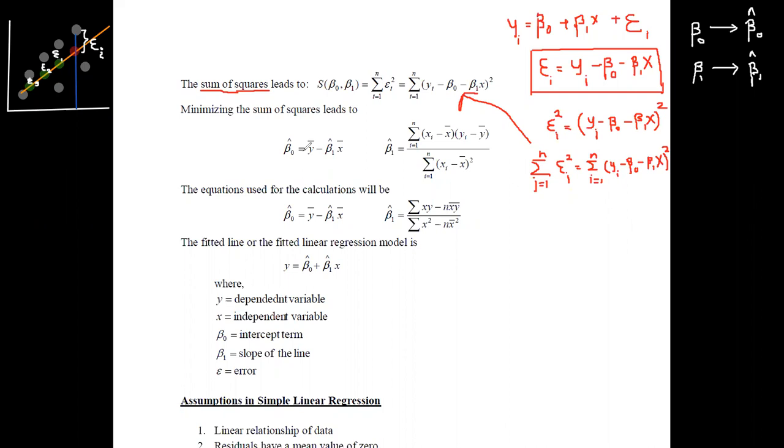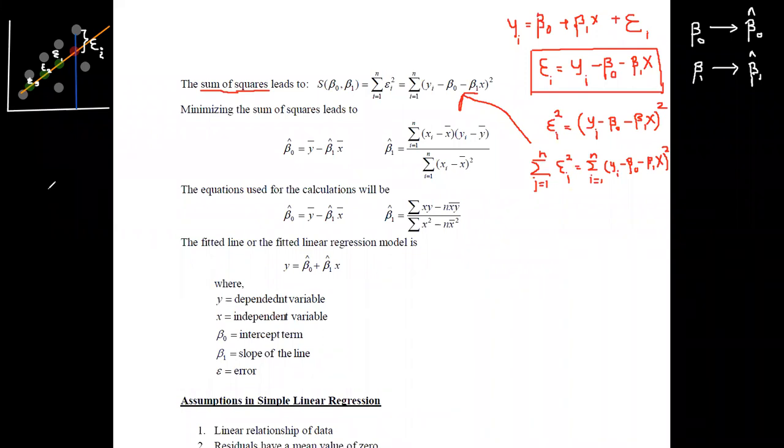Therefore, now we can use these techniques to minimize this. To minimize the sum of squares, we can apply the concepts that we have discussed under the techniques of differentiation. We all know that we can maximize or minimize a function by taking the derivative and equating it to zero.